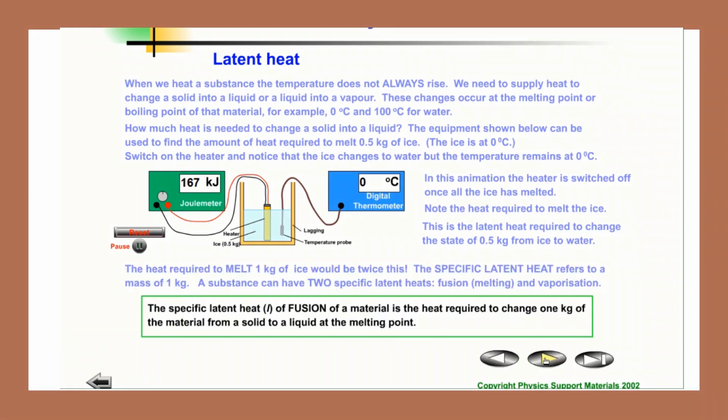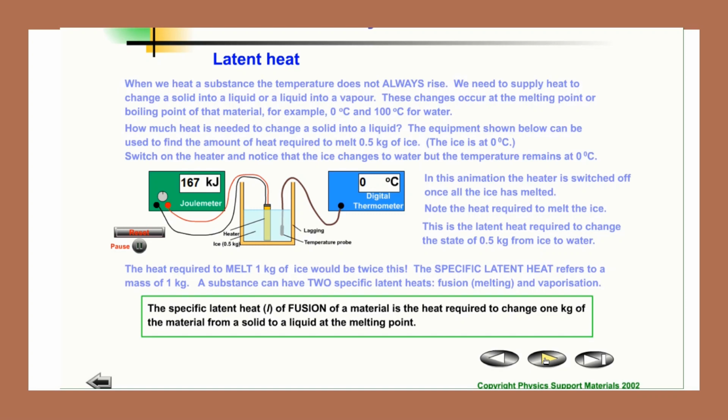So the definition of that, it says here, and I prefer you to use the one I'm going to say, is that the specific latent heat of fusion of a material is the heat required to change 1 kilogram of a material from a solid to a liquid without a change in temperature, or as it says here, at the melting point. So it isn't any energy to change its temperature, it is only to melt the substance.